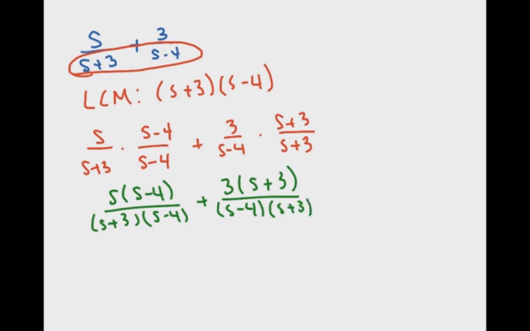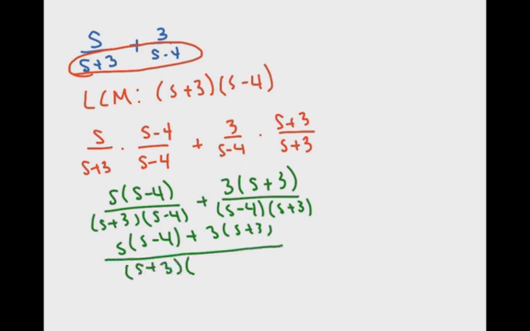Now that our denominators are the same, we can add the tops. So we have s times s minus 4 plus 3 times s plus 3 all over s plus 3 times s minus 4. Now we're going to simplify, so we're going to distribute.